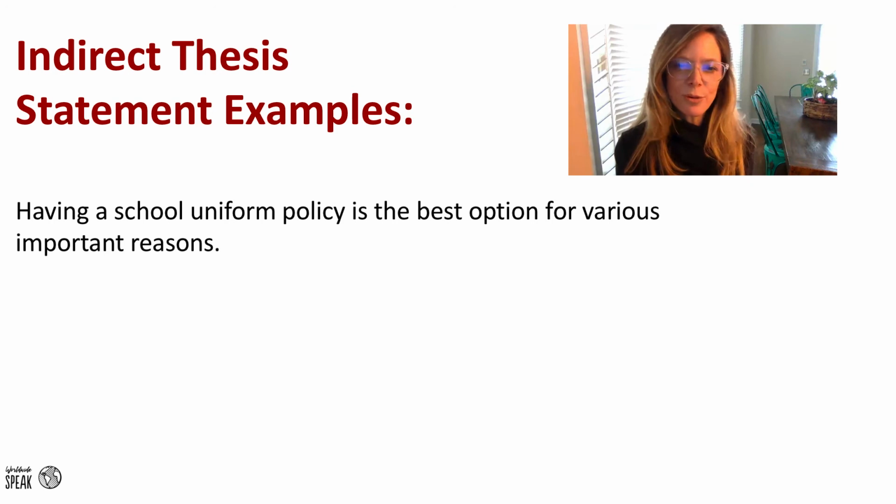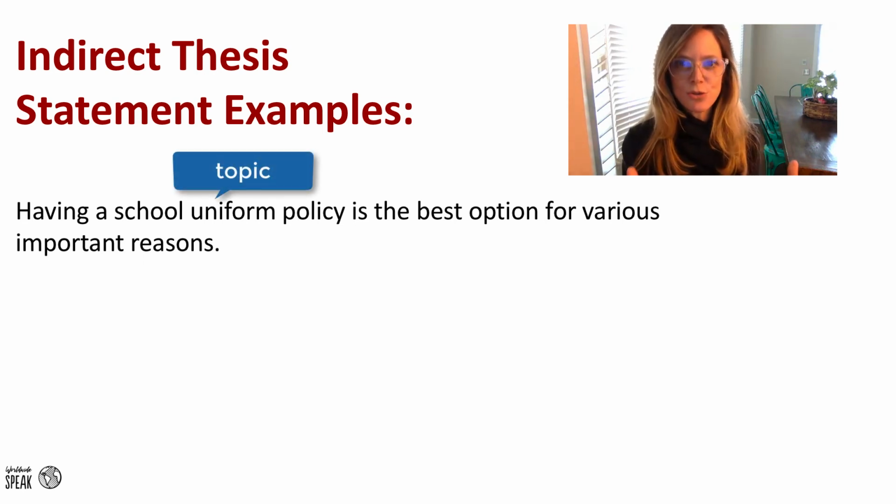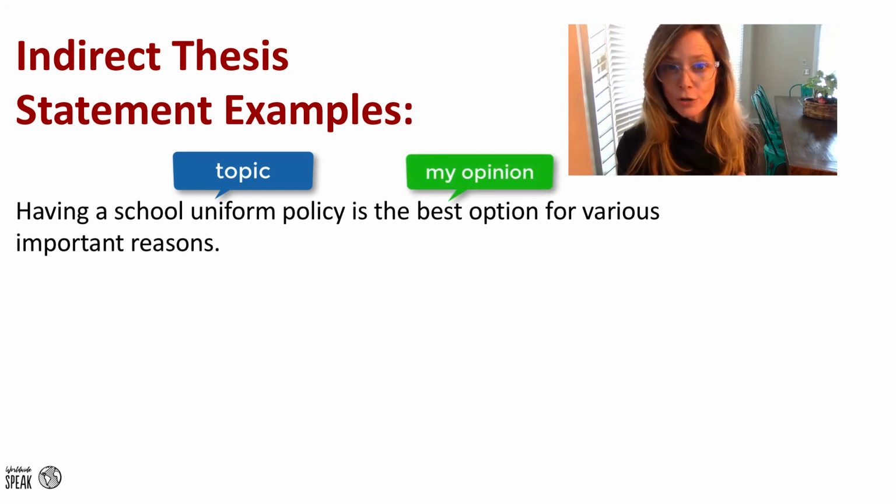Having a school uniform policy is the best option for various important reasons. It still has the 3 essential ingredients for a strong and clear thesis statement. There's the topic, school uniform policy. There's my point of view, my opinion. My argument is that it's the best option.